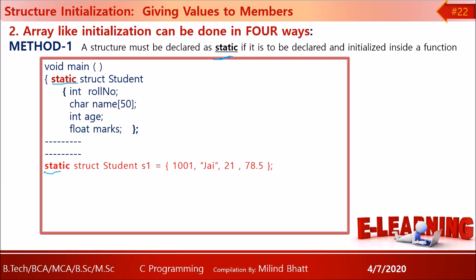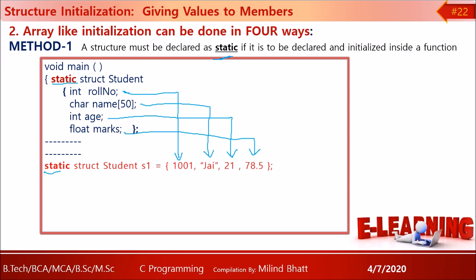Static struct student S1 as, this is an array-like arrangement. Roll number is, if I mention it like that, marks are over here, age is mentioned over here, name is mentioned here.